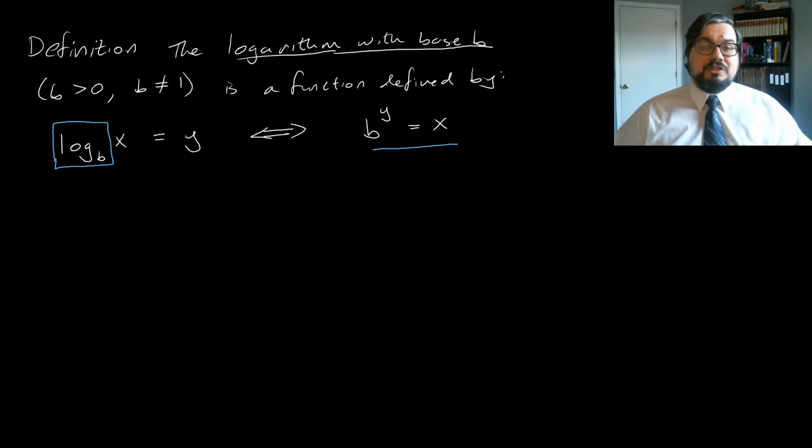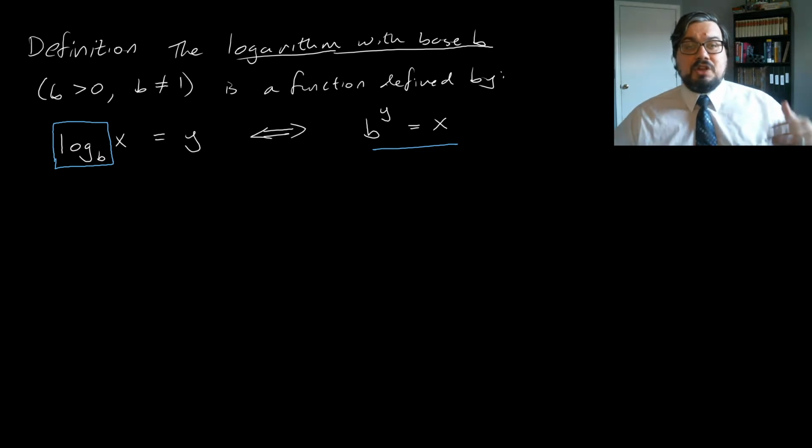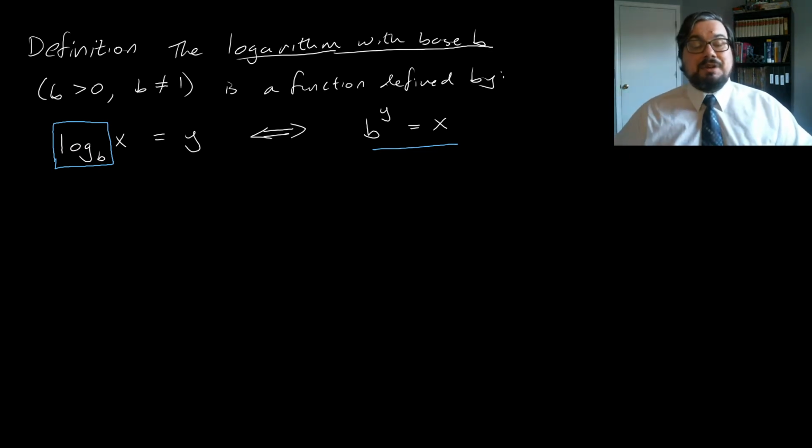So just like the functions 2 to the x, 3 to the x, 1/4 to the x, etc. are all different exponential functions, they have inverses that will be logarithm with base 2, logarithm with base 3, logarithm with base 1/4 in the same way. So first of all, this log base b notation all goes together. Anytime we have a logarithm, we need to know what base does this logarithm have.